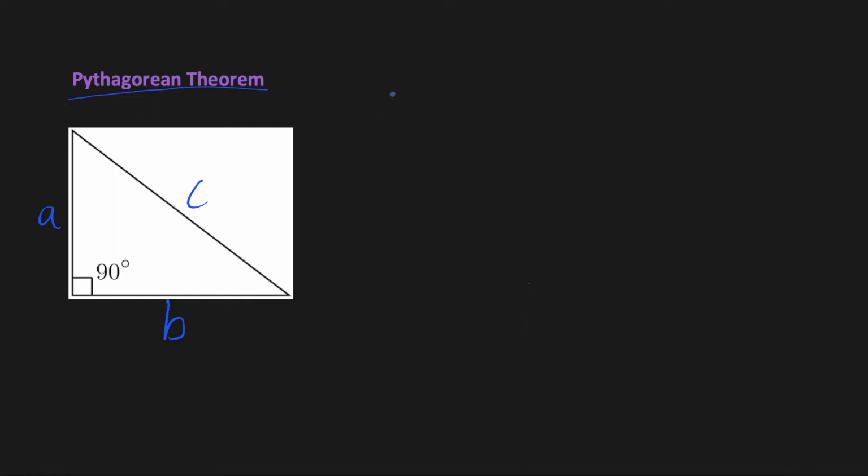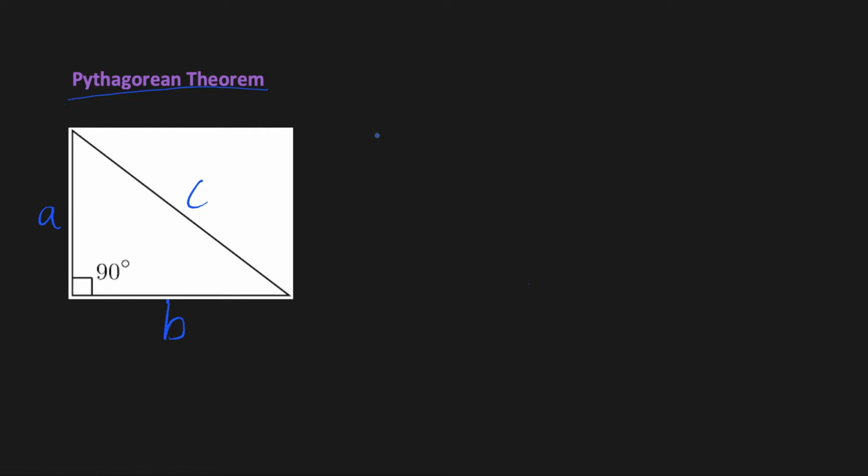And this theorem has a special characteristic, which is for a right angle triangle. Now, if you look at the right angle triangle here with sides A, B, and C, you will see that the square of side C is equal to the sum of the squares of the lengths of the other two sides.